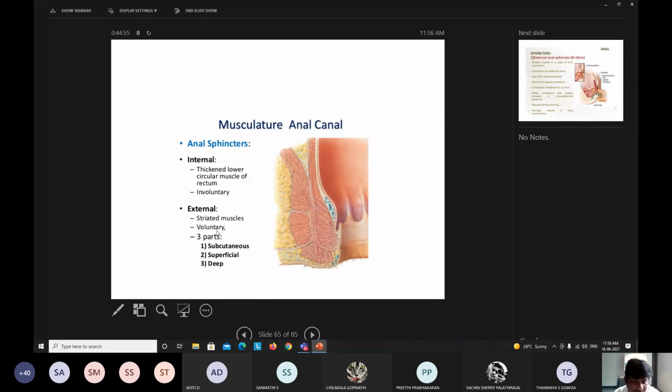The external sphincter is voluntary, formed by striated muscles. It has three parts: subcutaneous, superficial, and deep. These are the external musculature.